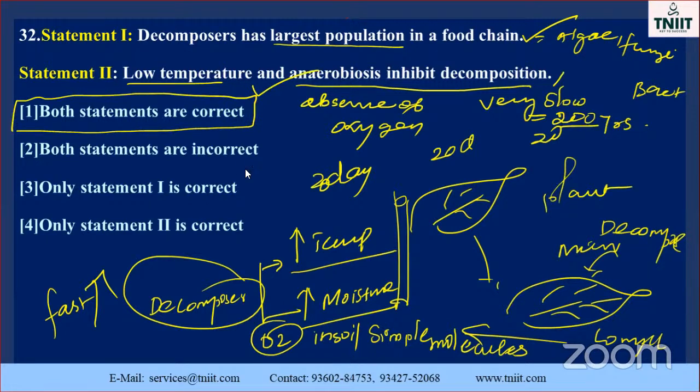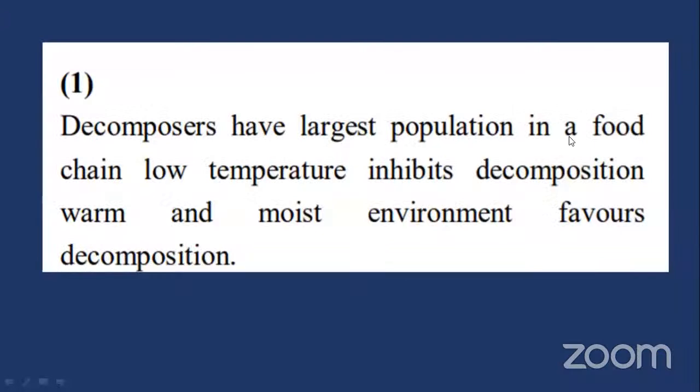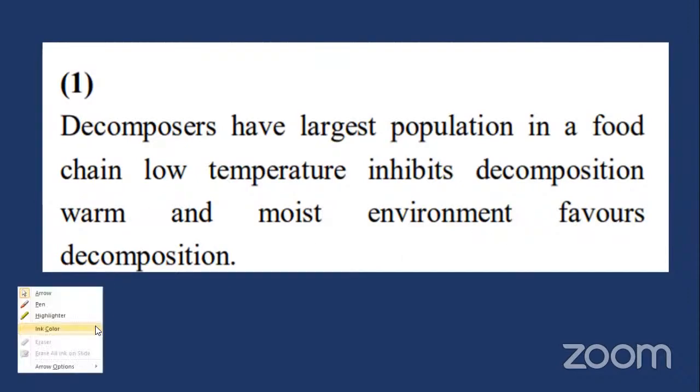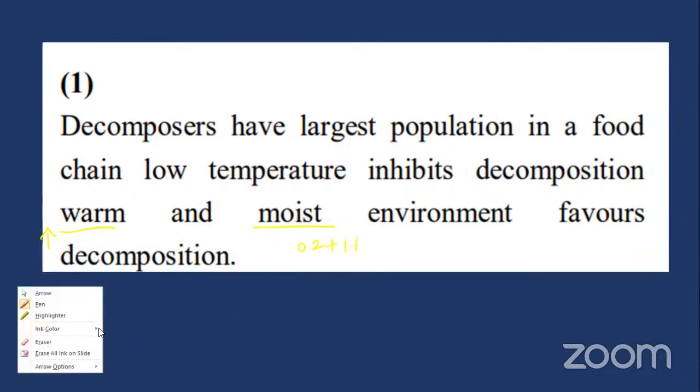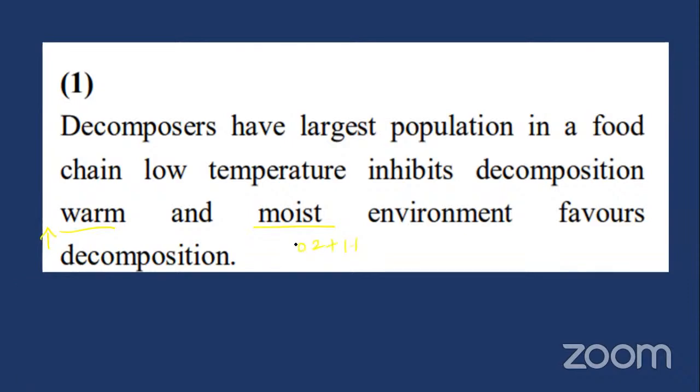So don't forget, my dear. See here: the decomposer has the largest population in a food chain. Low temperature inhibits the decomposition. Warm and moist environment favors decomposition. I already told you the requirement: temperature increased, and moist means oxygen as well as water content in the soil.